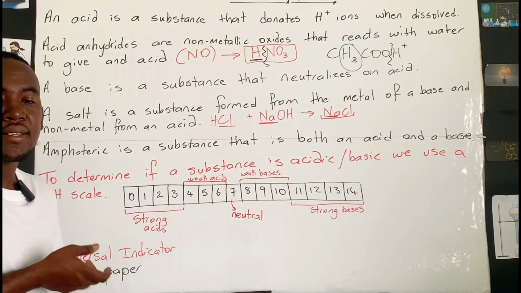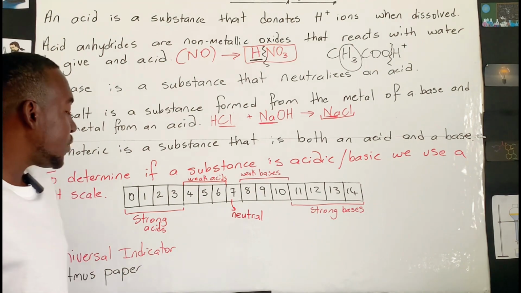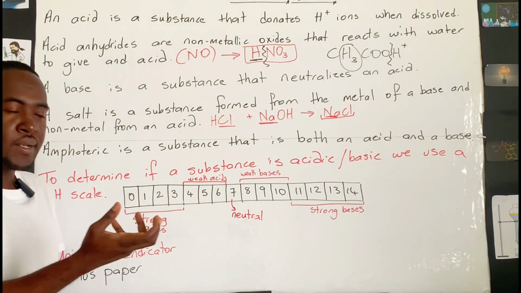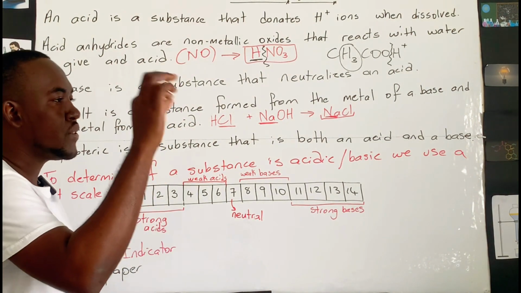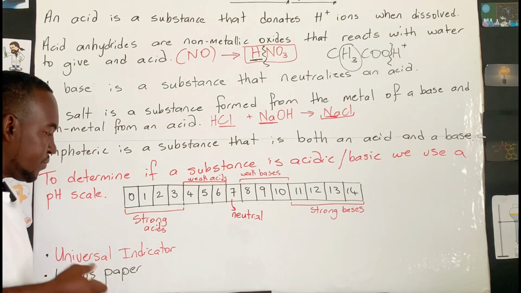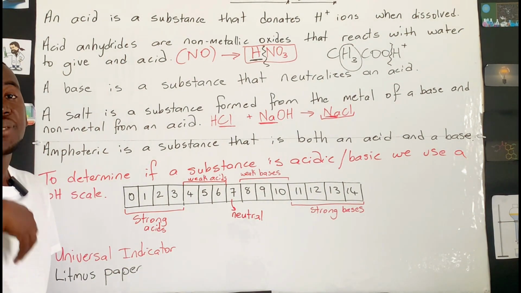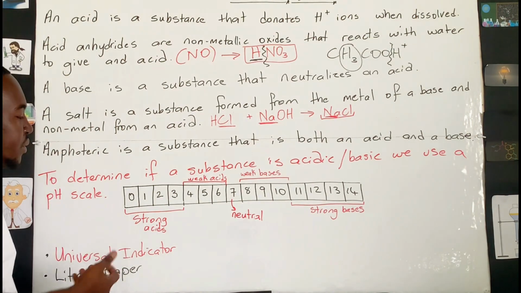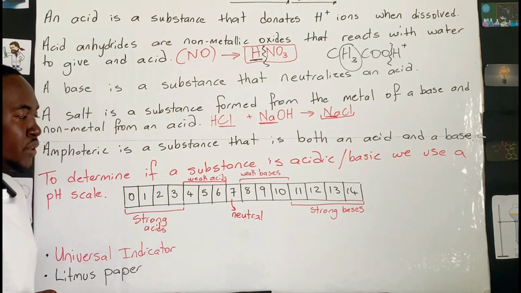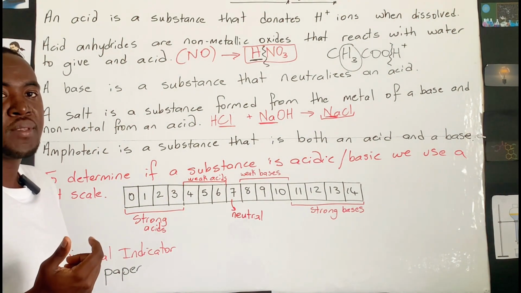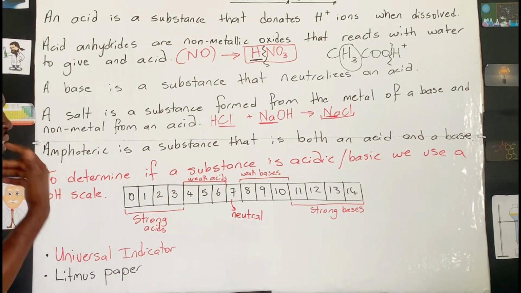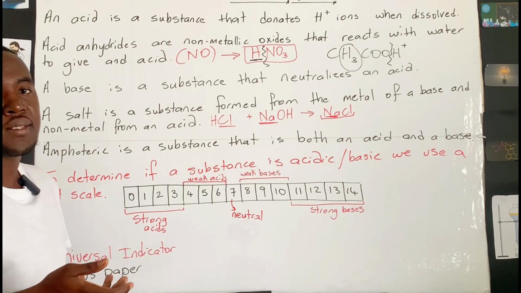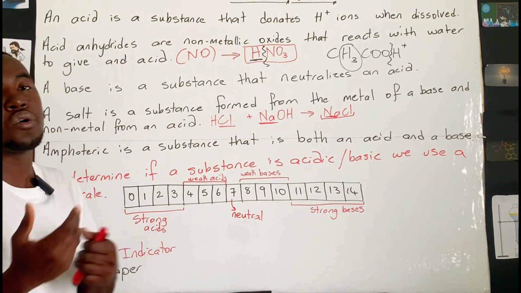If we have the substance in a container, we add some universal indicator using a pipette, get some drops in there, then mix, and it gives us a specific color. That color is compared with the pH scale colors to see which number it falls on. Based on its color, that tells us if it's an acidic or a basic substance, and also whether it is strong or weak.